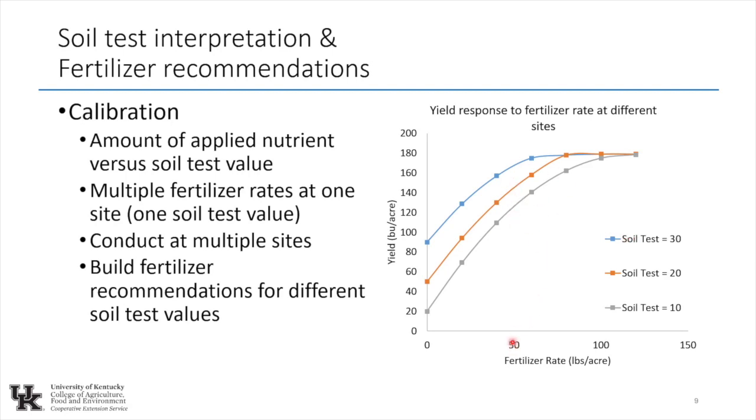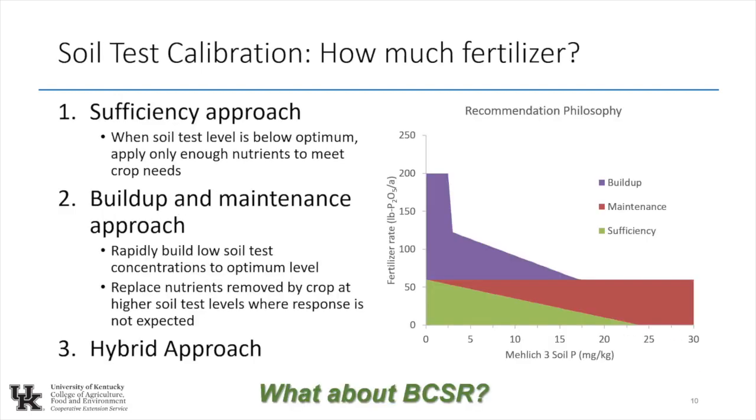This soil test on average, what was the rate required to maximize yield? And nobody really uses a pure sufficiency approach because there's so much variability in a field. And there's also a variability in the amount of response. One site, when the soil test is 10, may need a lot of fertilizer, and another site, soil test of 10, needs no fertilizer. And then lastly, a lot of the pure sufficiency data has been lost over time.